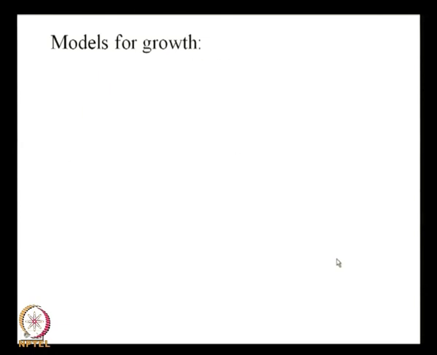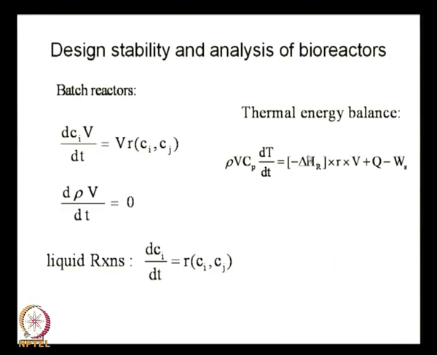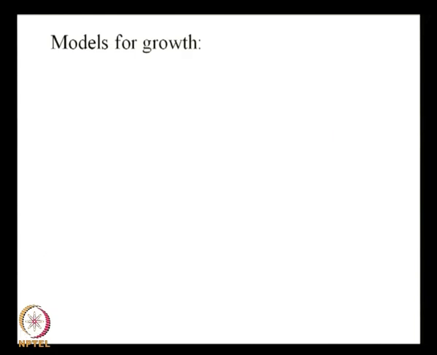So, now the reaction rate. So, we had the reaction rate over here R, and what should be the reaction rate. Now, as I said, these equations are very basic and you can use them for all kinds of reactions that happen in bioreactors, but we are specifically interested in growth reactions, and we will use today the very simplest kinetics of growth, Monod kinetics, and through much of this chapter we are going to use Monod kinetics.